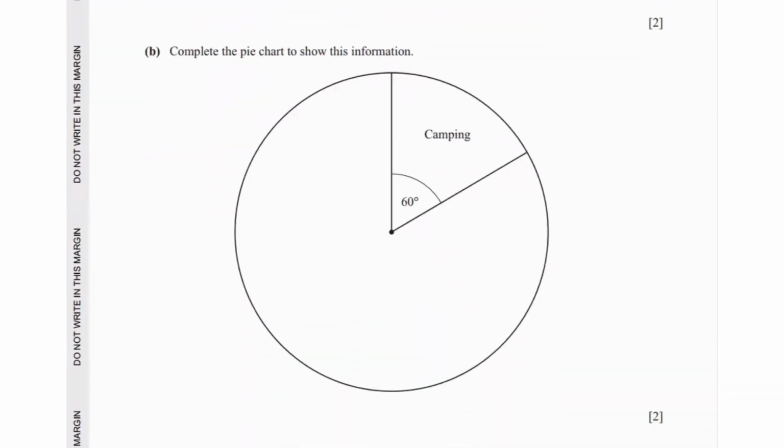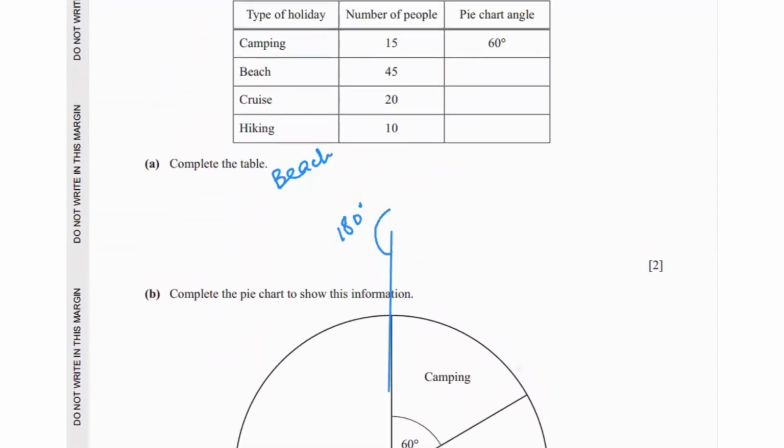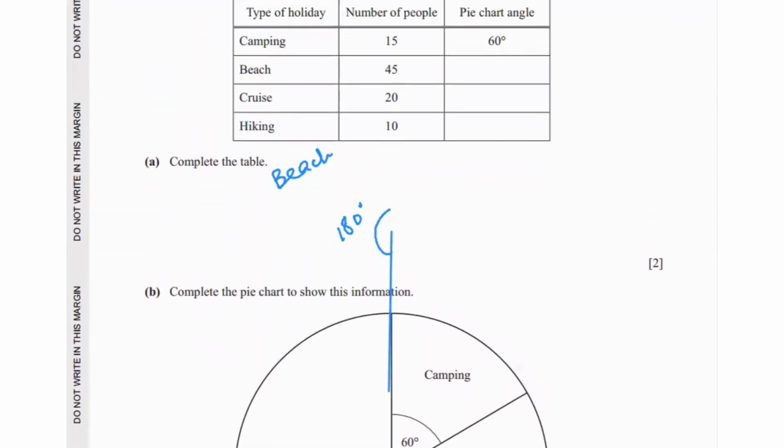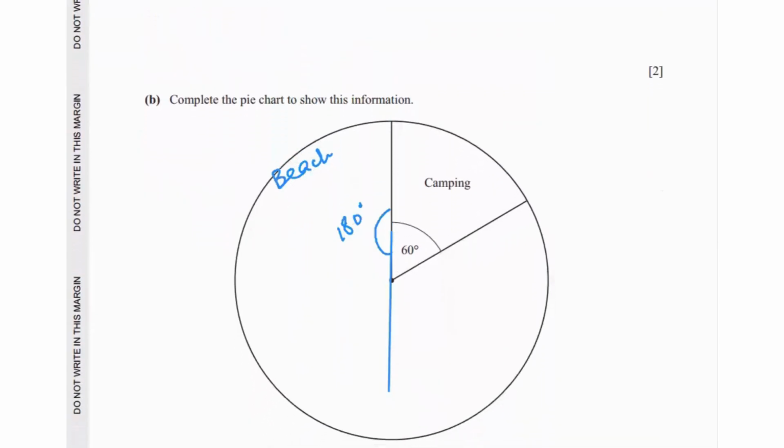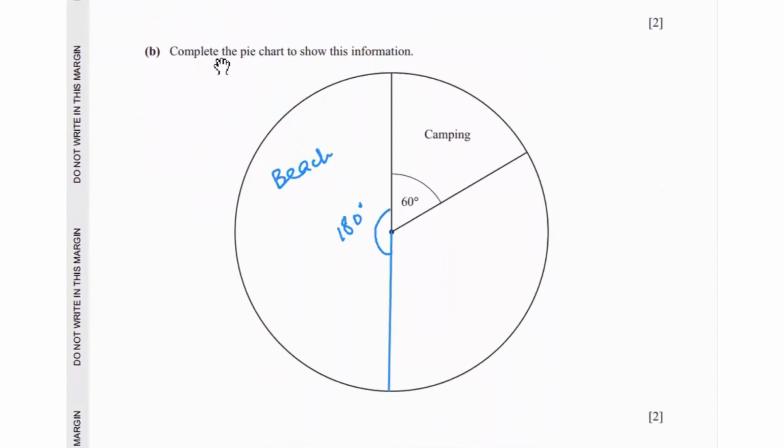So you can easily draw a 180-degree line like this. This is beach. Apart from that, we had hiking and cruise. Cruise was 80 and hiking was 40. For 180, I can easily tell because you just draw a straight line like this. But for the other angles, you have to use a protractor.